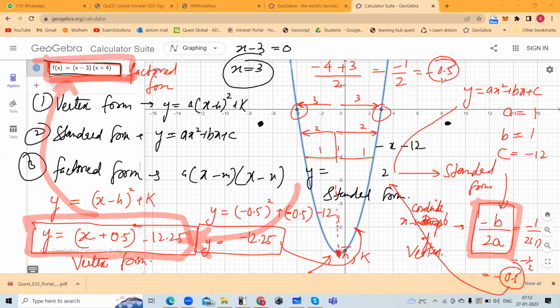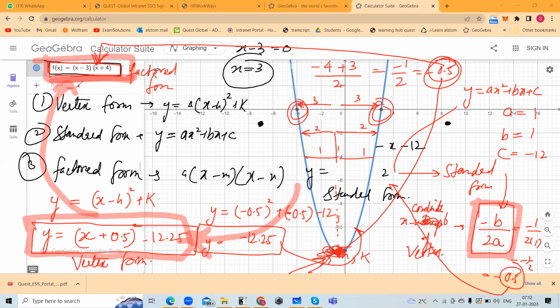So to get the vertex, you add both solutions of the equation and divide by 2? Exactly. You add both of the x-intercepts and divide by 2, and you'll get the x coordinate of the vertex. And then in order to calculate the y value, you can again plug in this -0.5 in this factored form.